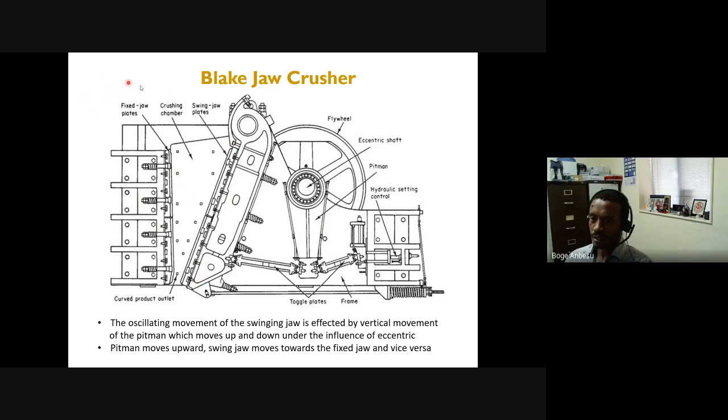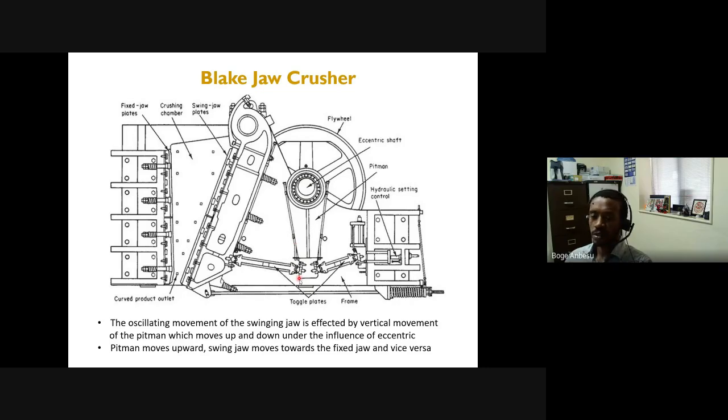So this is the feed area, and the idea here is that the movable jaw is mounted on an eccentric, and on that eccentric you also have what we call a pitman. As this rotates, it pulls up and down, and therefore the pitman goes up and down.